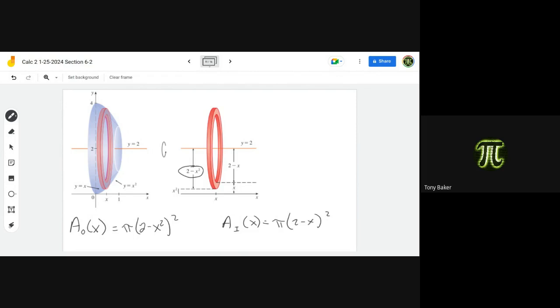All right, take a minute or two and set up my integral. And we're still doing it from 0 to 1.